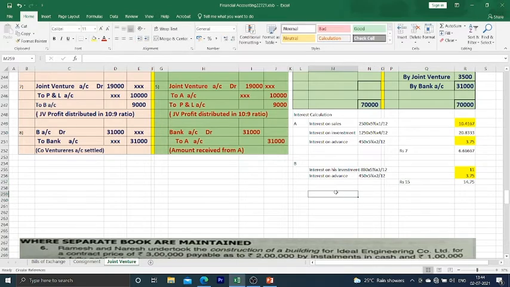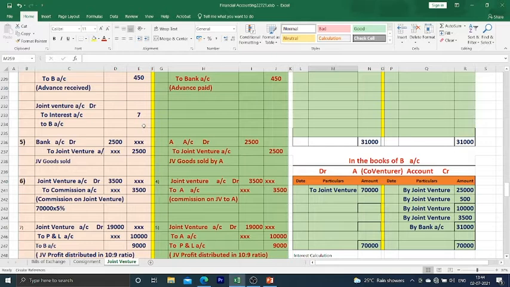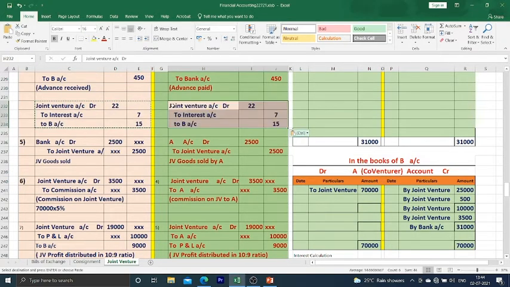This amount he has to receive from joint venture. Total interest is same, we will copy. Interest due from JV.